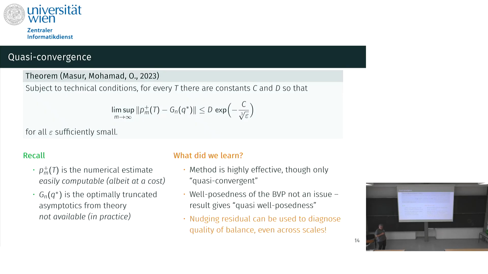Not in the sense of the boundary value problem. Of course, we need well-posedness in the sense of the initial value problem that we use to go from one end of this nudging ramp to the other end, right? If that is not well posed as an initial value problem, we are in deep trouble.